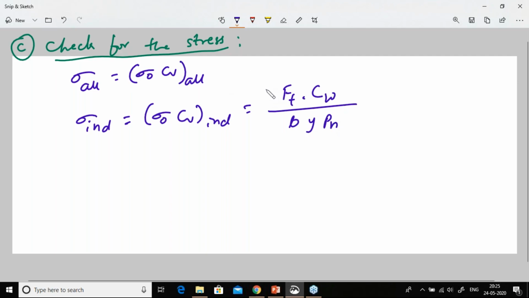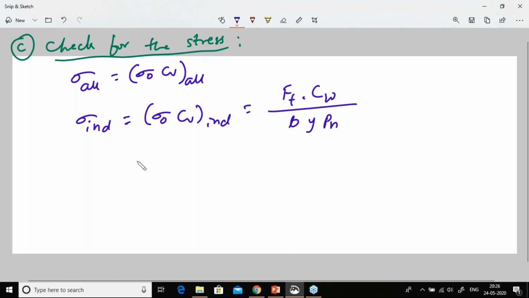In this one, Ft is the tangential tooth load; whatever we calculated in sub-step A, we have to substitute. Cw will be the wear and lubrication factor. b is the assumed face width. y is the Lewis form factor for the weaker member. And Pn is nothing but pi into Mn. By substituting all these things, we will get sigma induced.